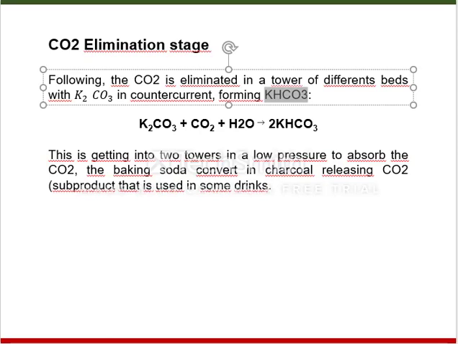This goes into two towers at low pressure to absorb the CO2, and the baking soda is converted into carbonate, releasing CO2, a byproduct that is used in some drinks.